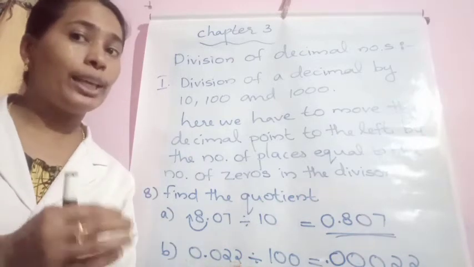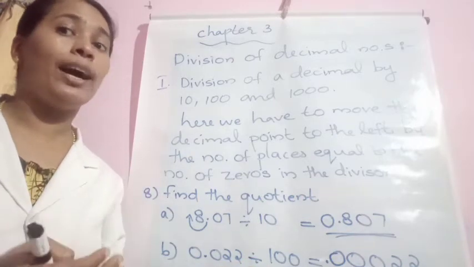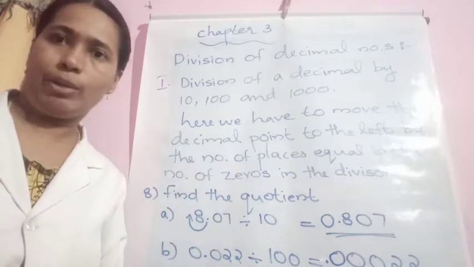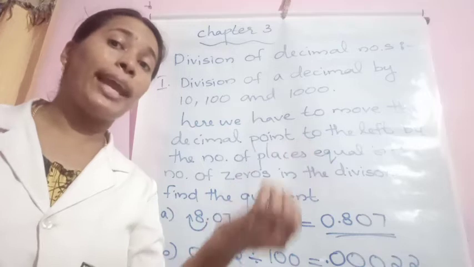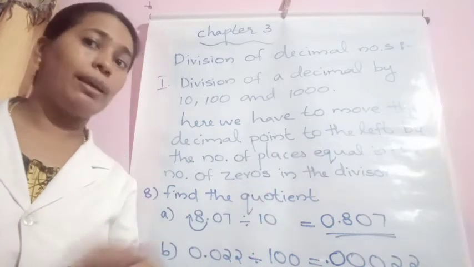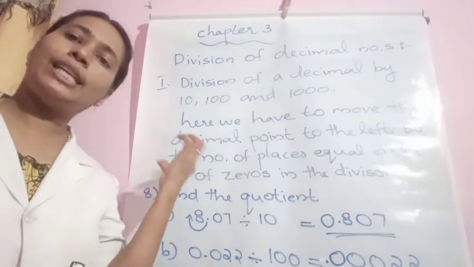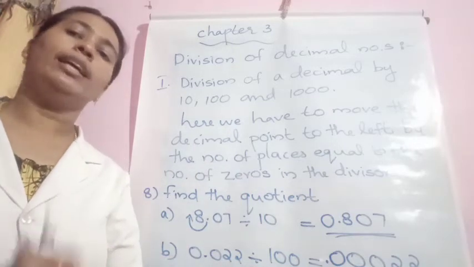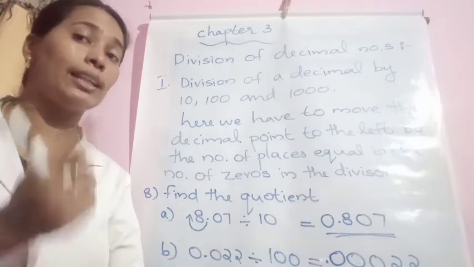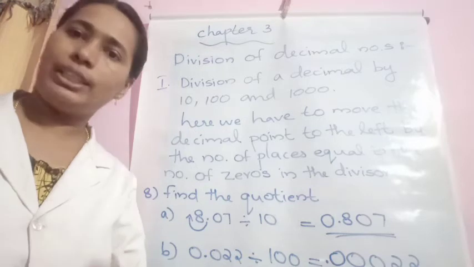So the value is reducing when we are dividing a number. Why? Because division is actually repeated subtraction. Repeated subtraction is otherwise called division.